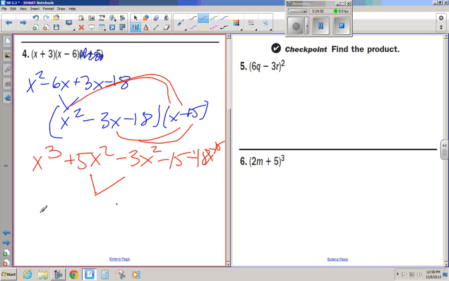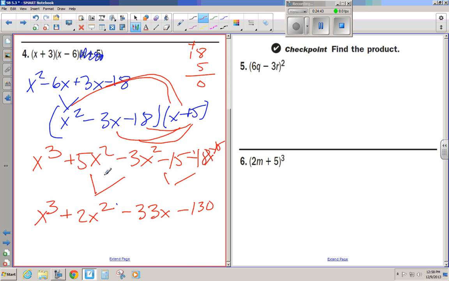So combining some like terms, the 15, negative 15x minus 18x, that's a minus 33x, and then 18 times 5. All right. So that is that.